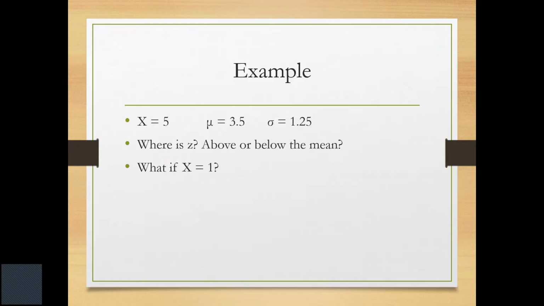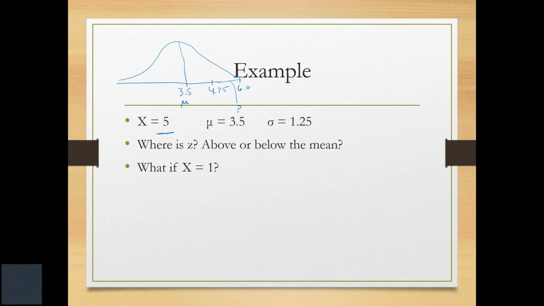For example, suppose we're interested in the value 5 in a distribution that has a mean of 3.5. It has a standard deviation of 1.25. So one standard deviation above that would be 4.75. And another standard deviation would be 6.0. So our 5 is going to be in here somewhere. Okay, so our z value is going to be positive.